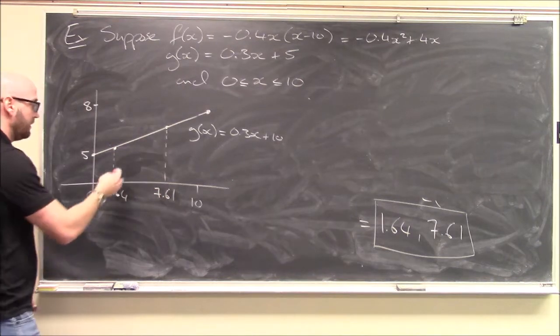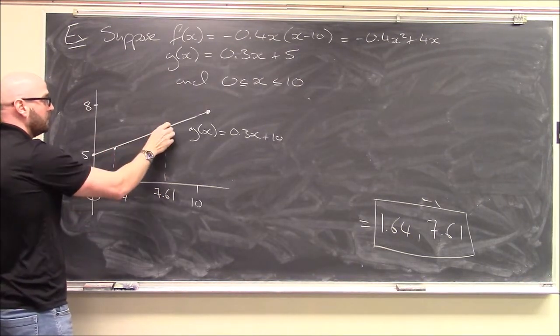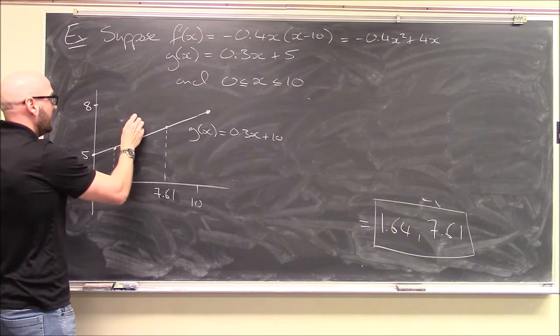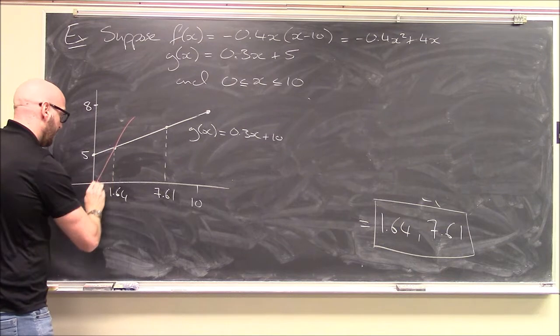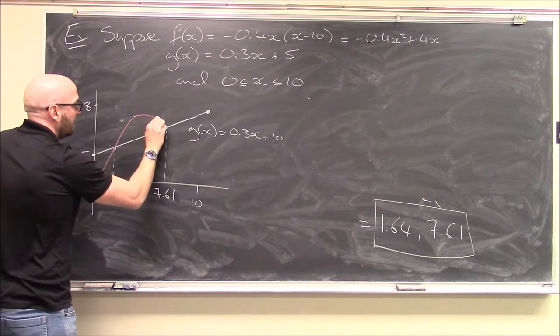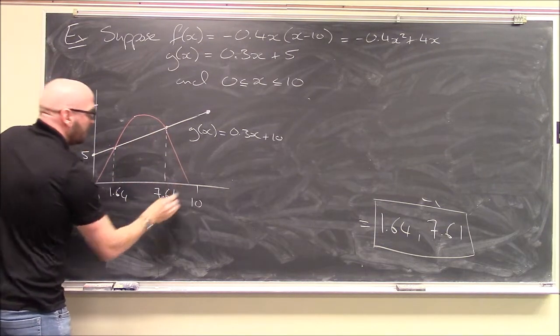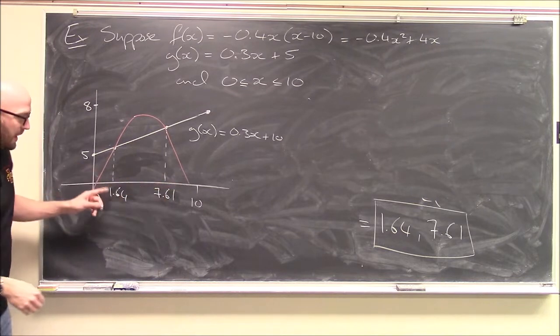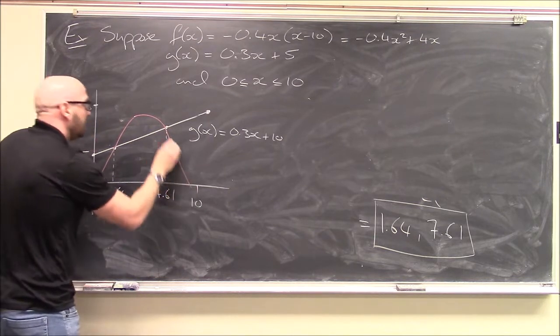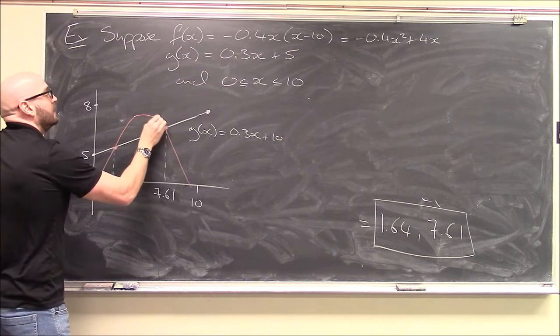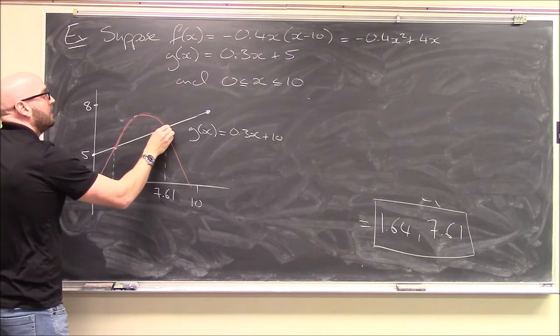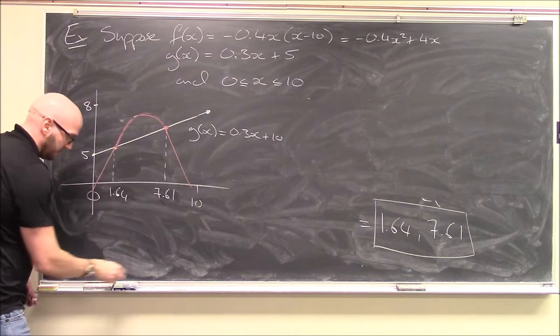Okay, so I know that if I have a downward opening parabola that cuts through at these 2 points, then my parabola must look something like this. Again, I'm not getting the x-intercepts or y-intercepts accurate or anything. I just know I generally have a parabola that looks like this. Opens downwards and cuts through at these 2 points.